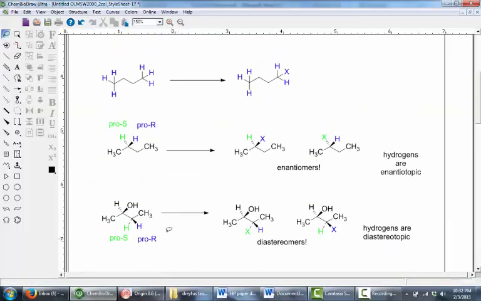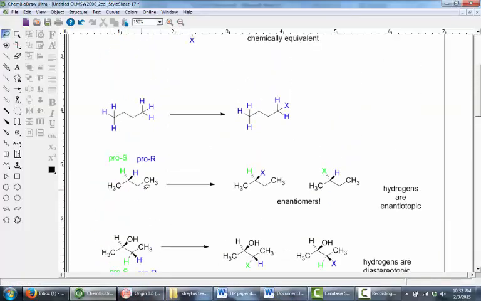If I look at this particular structure, this green H and blue H are identical protons right now. There's no chemical inequivalence, but, and here's the subtlety, if I replace the blue one with an X, that gives me an R configured chiral center. And if I replace the green one with an X, that gives me an S configured chiral center.